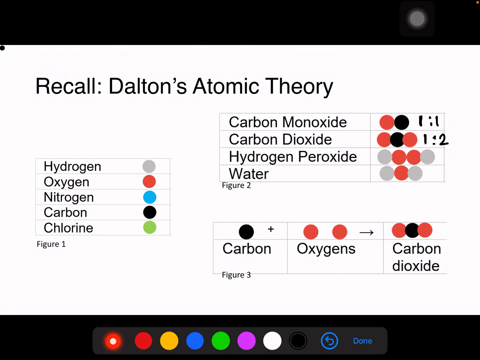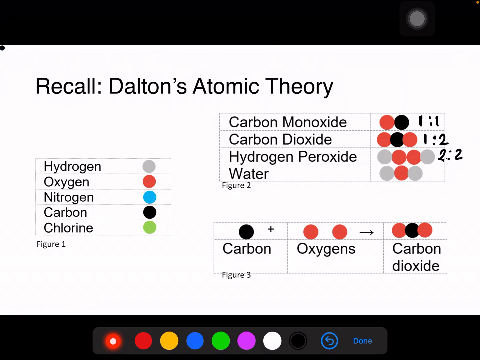So next one, hydrogen peroxide. So we have two gray spheres and two red spheres, meaning there are two hydrogen present and two oxygen present for every one molecule of hydrogen peroxide. Okay, 2:1.